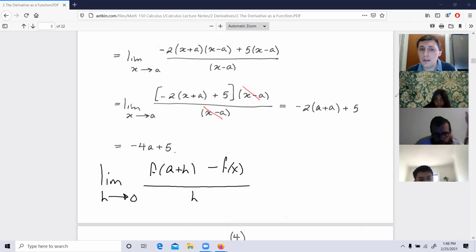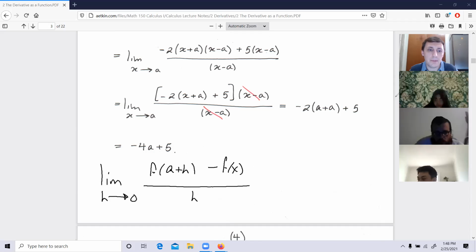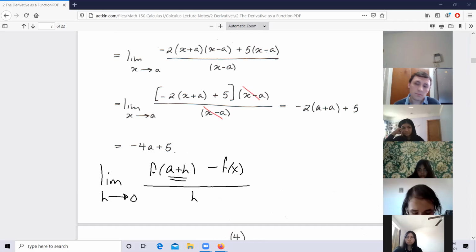Good? Remember how we obtained it, guys, right? So always think, how was that formula obtained? Here we are speaking about the other point. We are indicating that it's very close to a. So h is going to 0. Now try to calculate the same thing with that other formula and see how long it takes. And what do you do?